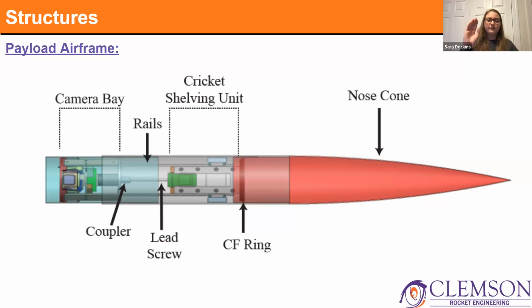They are fitting to the side of the tube, so that makes a snug fit for those linear rails, so that will minimize any rotation in the payload. And then, as previously mentioned, there's the two aluminum bulkheads on either side of the camera bay, screwing in from the outside.